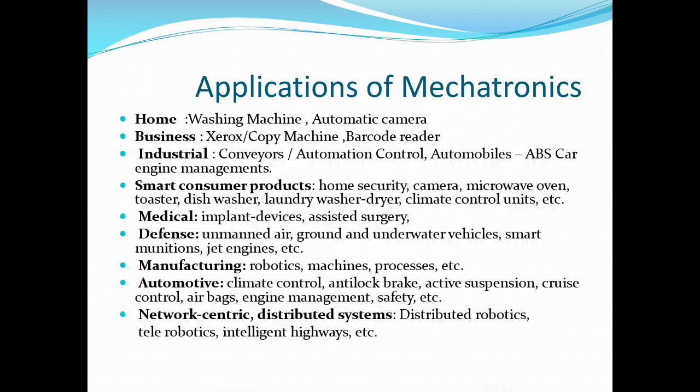If intelligence or artificial intelligence is added to the robotic system, it becomes a network centric or distributed system. As of now, the application of mechatronics has become so deep and so vast that we can even add artificial intelligence to a mechatronic system.